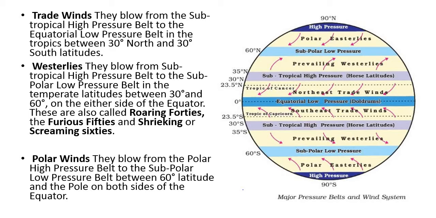Now polar winds, they blow from the polar high pressure belt to subpolar low pressure belt between 60 degree latitude and the pole on both the side of equator. This is high pressure, this is subpolar low pressure. Always wind will move from high to low in both the hemisphere. So they are the three major winds: trade winds, westerlies, and polar winds.